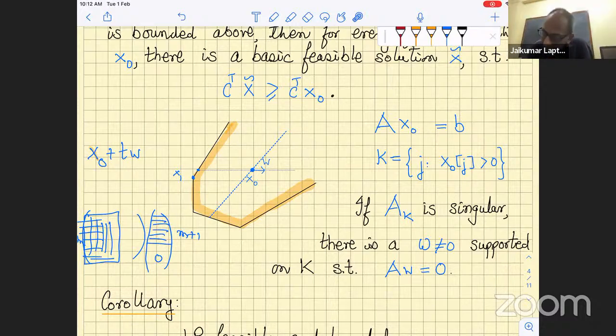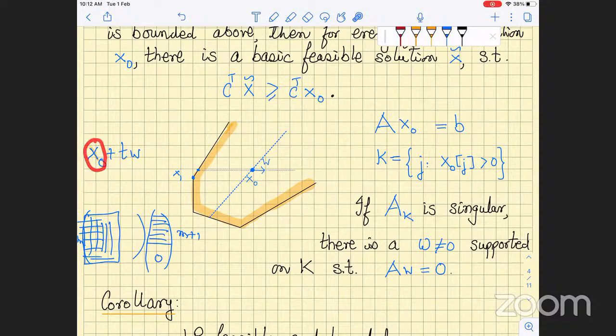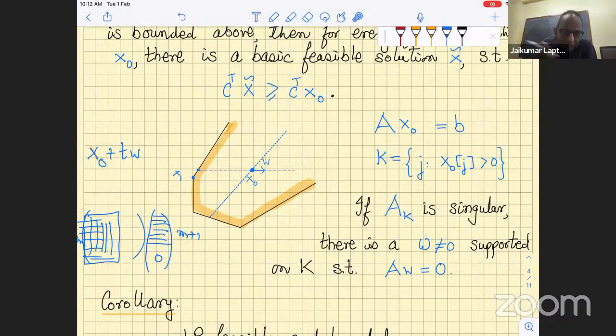Now, as you increase your t, those non-zero coordinates of x0 might change.